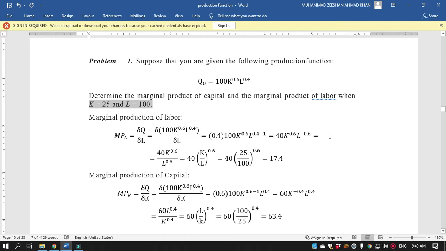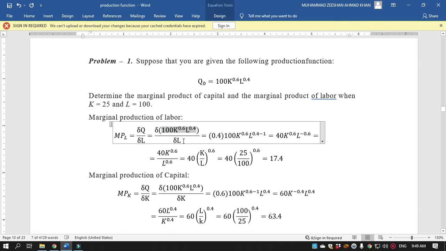So marginal production for labor, as we said, the function is dealt with by taking the derivative of this function with respect to L, where 0.4 is the power for labor.